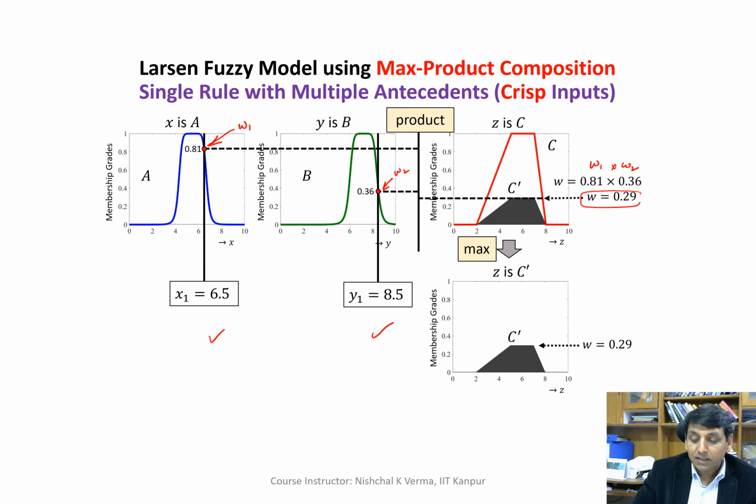You can see here. Now this value will be used to scale down the original fuzzy set, which is the output fuzzy set, to C dash. We call this C dash.